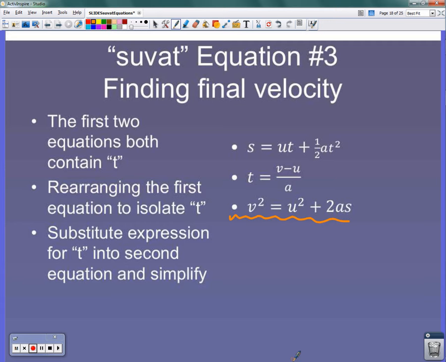V squared is equal to u squared plus 2 times a times s. Final velocity squared equals initial velocity squared plus 2 times the acceleration times the displacement.